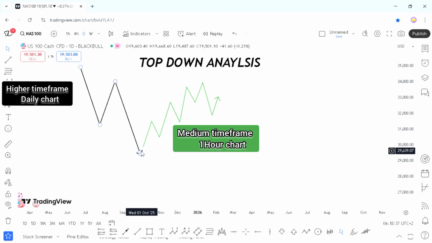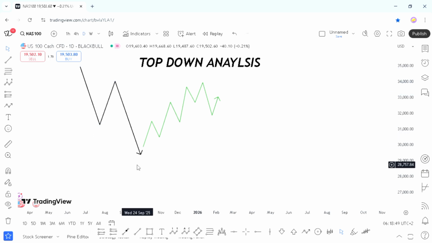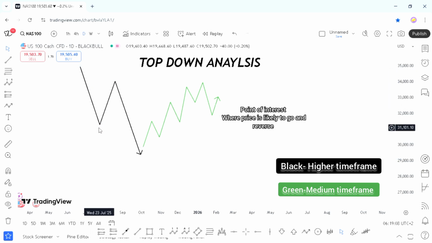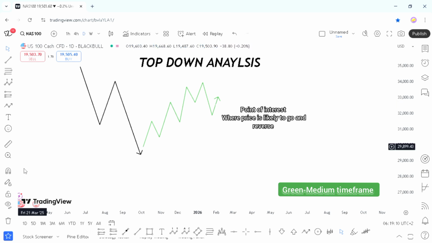Let's say in our 1 hour we see that the market is trending in an uptrend market structure, but on our daily time frame we are in a downtrend. So what we should actually be doing, if we see that our daily time frame is in a downtrend, is looking to highlight our points of interest on higher time frames.